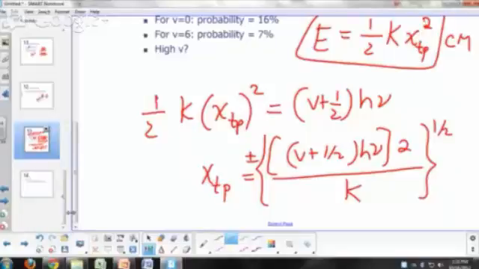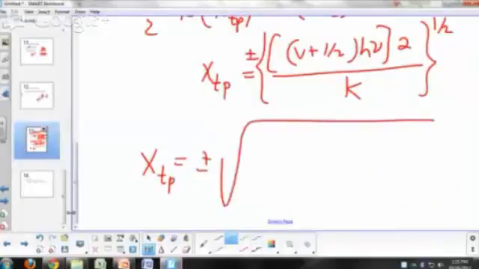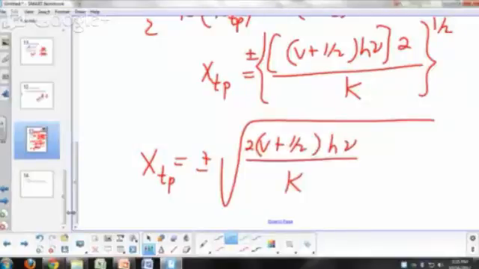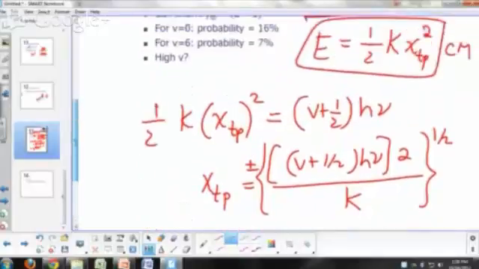So your classical turning point is plus or minus the square root of 2 times v plus 1/2 h nu over k. Those would be your classical turning points.